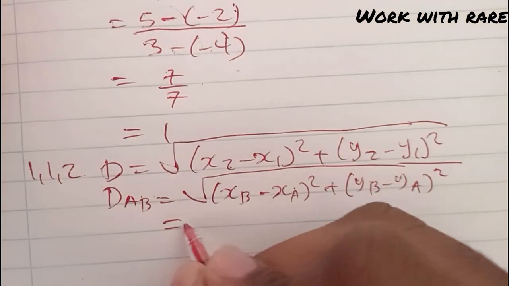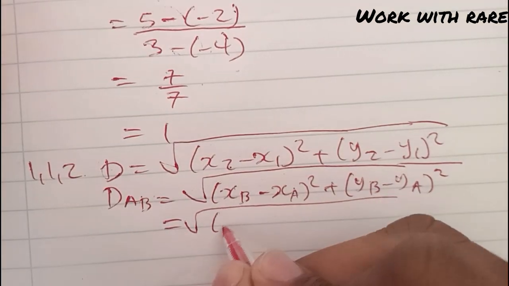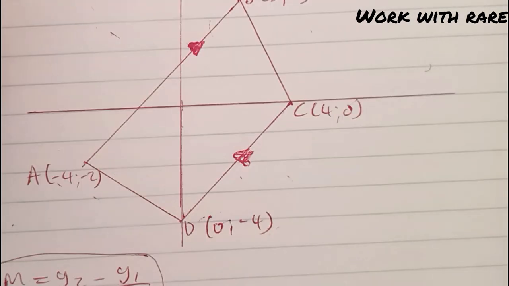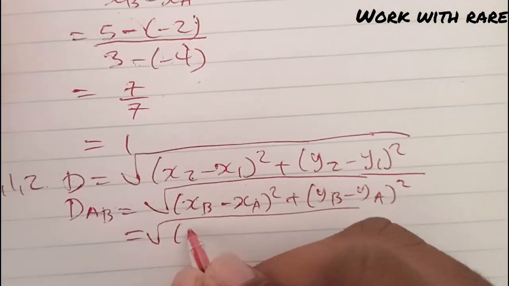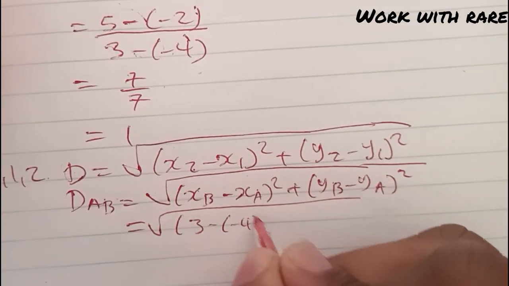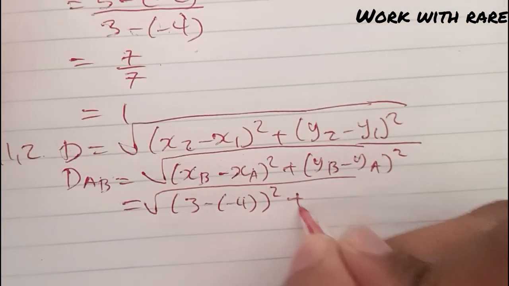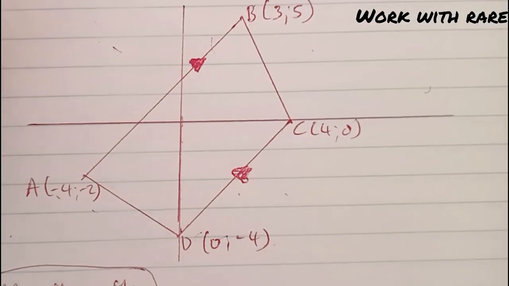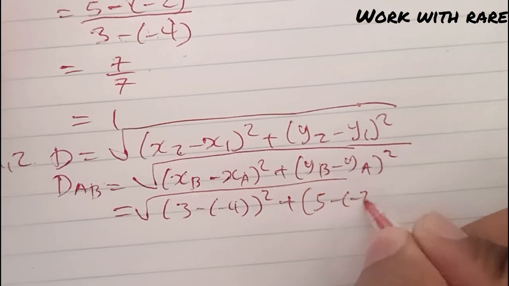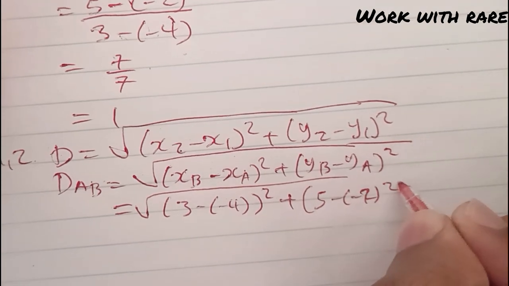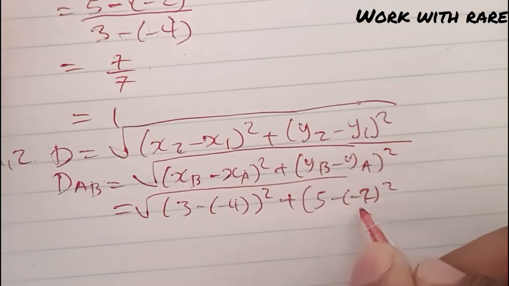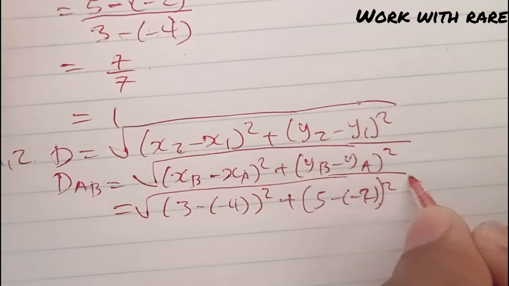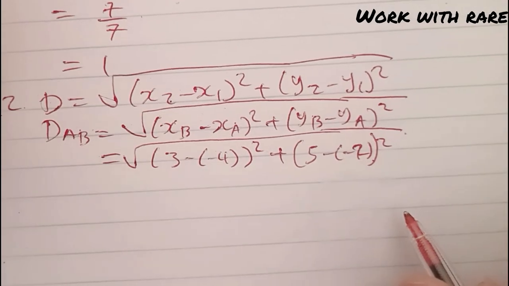So we are going to say 3 minus -4, squared, plus yb is 5 and ya is -2, so it's 5 minus -2. Yeah, squared outside, right?